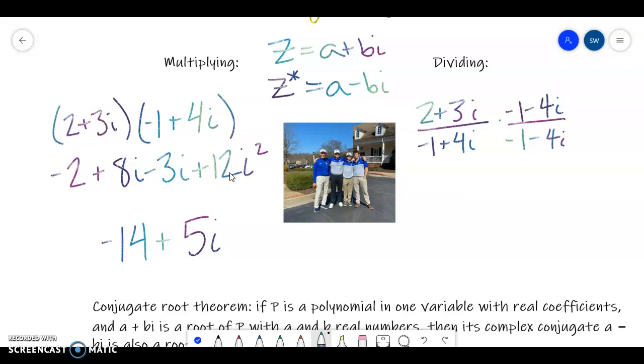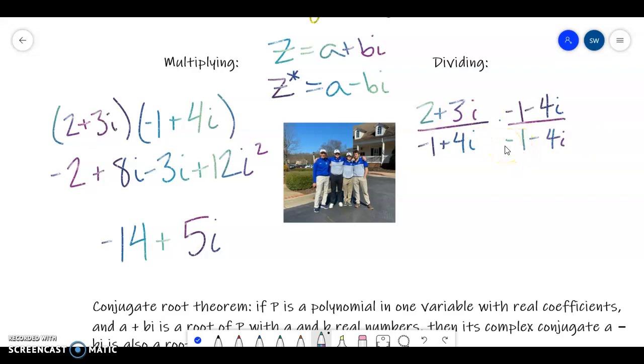Then you just do all that distributing again. But the whole point is that when you multiply a complex number by its conjugate, the denominator is always going to turn into a squared plus b squared. The reason is you can see, -1 times -4i would be positive 4i, and then 4i times -1 would be -4i.